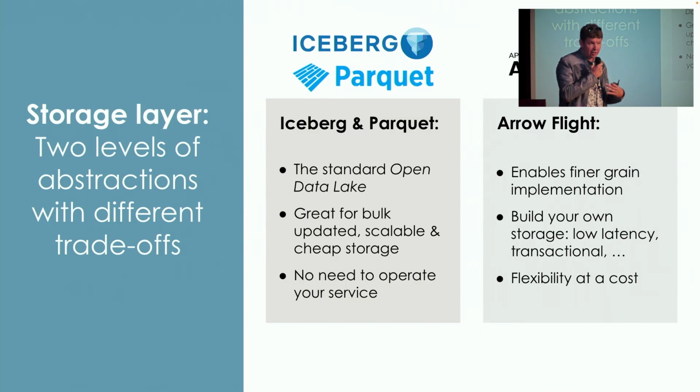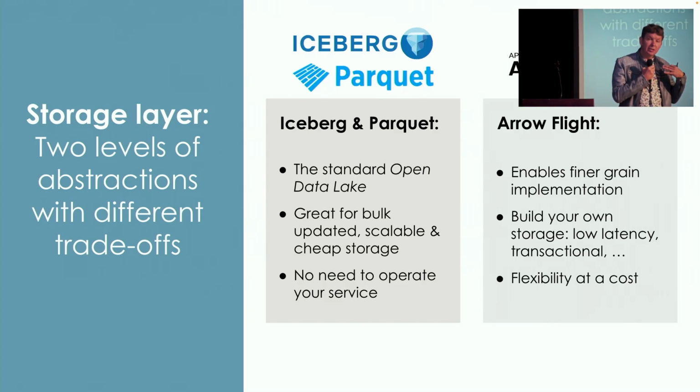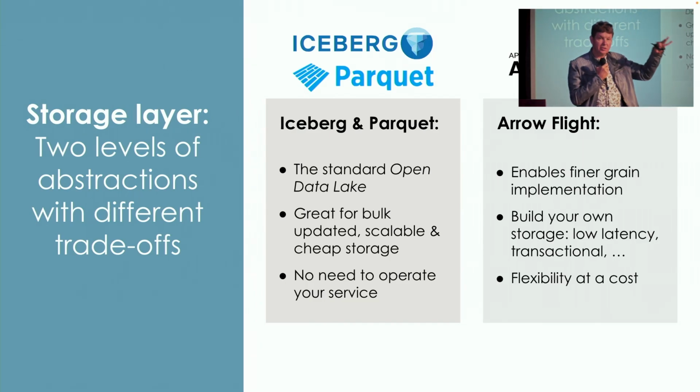The other one is Arrow Flight. So Arrow Flight enables a finer grain implementation of a storage layer. You can build your own storage. And in particular, you'd want to do this if you want something that has lower latency, right? On the Iceberg side, we talk about you do bulk updates. If you implement your own service for the storage layer, using Arrow Flight, for example, then you may be caring about low latency ingest.